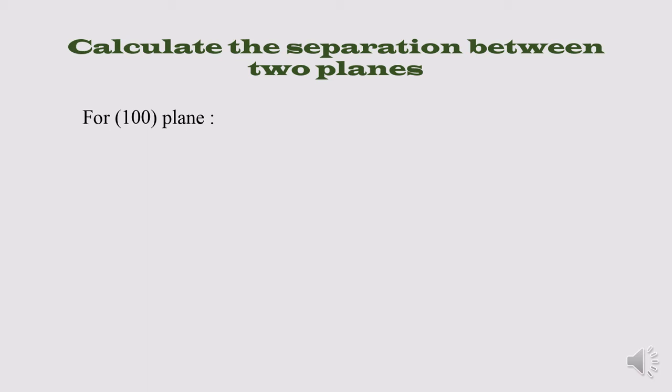Okay, then what is the separation between them? That is D equal to A divided by root over 1 square plus 0 square plus 0 square, which is equal to A, where h equal to 1, k equal to 0 and l equal to 0.